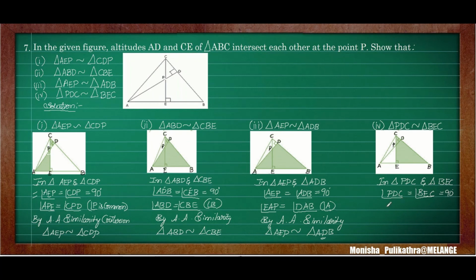Here C is common, therefore PCD is equal to BCE. Since two angles are equal, by AA similarity criterion, triangle PDC is similar to triangle BEC. So all the four triangles are similar to each other. I hope you understood this.